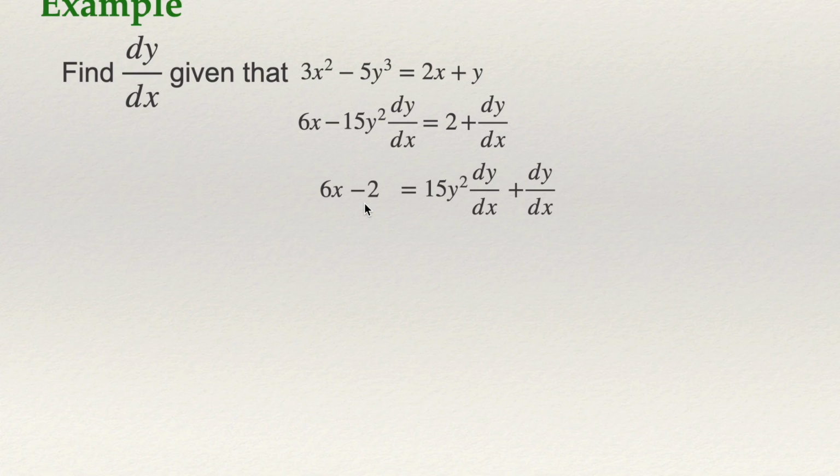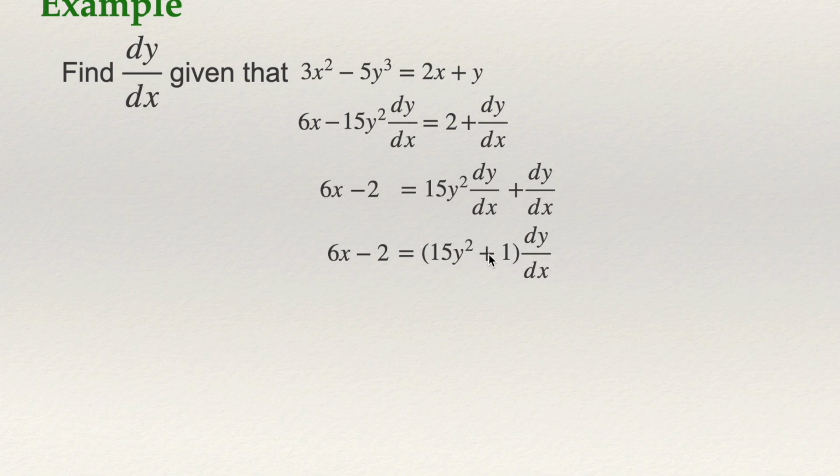So for solving for dy/dx, what you need to do is to type all the terms that have this derivative on one side of the equation. And then just notice that in these two terms, dy/dx will be a common factor. So just get dy/dx as a common factor, and we'll have then 6x minus 2 equal to dy/dx that multiplies 15y squared plus 1. You get a common factor, yeah? 15y squared plus 1 multiplied by dy/dx.